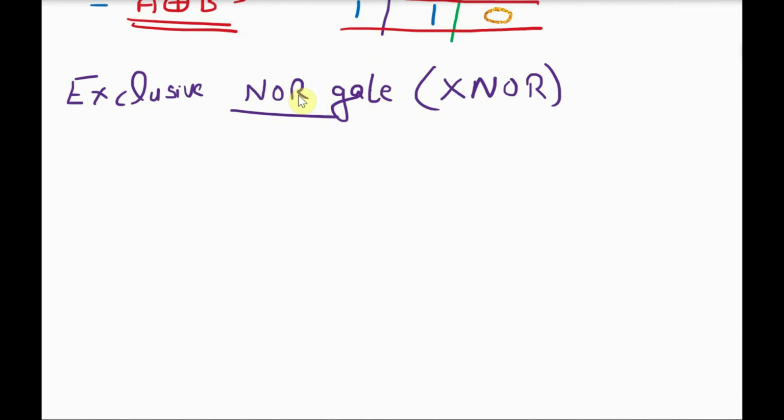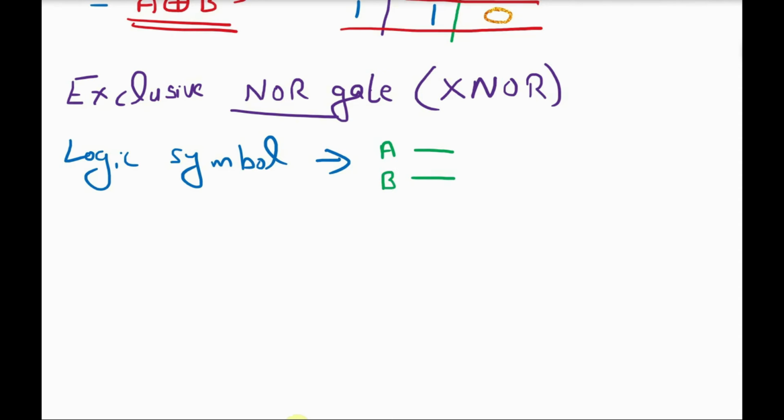Earlier it was XOR and now it is XNOR. First we will draw the logic symbol. So the logic symbol for XNOR is drawn the same way as we draw the XOR gate.